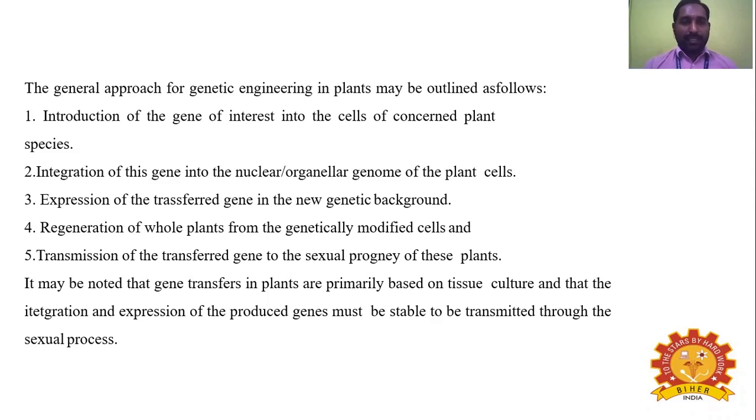Once integrated, we move to the next step, the expression of the transferred gene in the new genetic background. The fourth is regeneration of whole plants from the genetically modified cells. The fifth is transmission of the transferred gene to the sexual progeny of those plants.